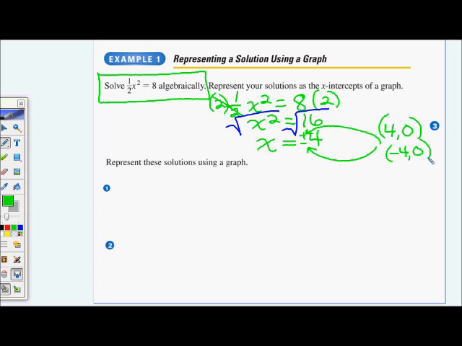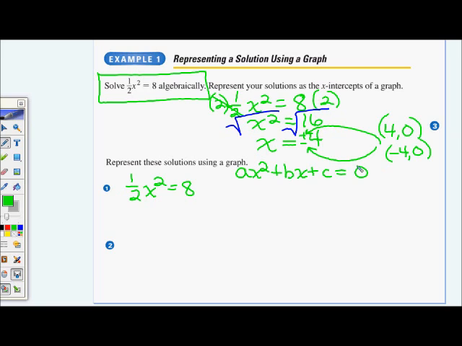Now, the next thing it says is represent these solutions using a graph. So we need to go back to our original statement of 1/2 x squared equals 8, and we need to write that in standard form. So we need to have it in the ax squared plus bx plus c equals 0 form.